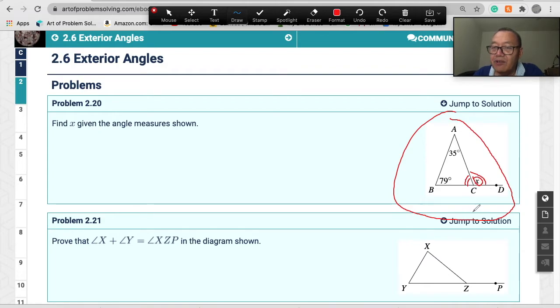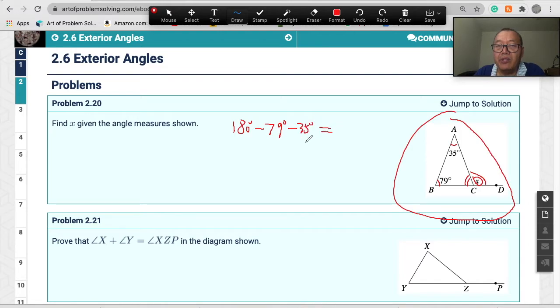To find this one, first, inside this triangle, they give us these two angles. We can find this interior angle C by using 180 degrees minus 35 degrees minus 79 degrees.